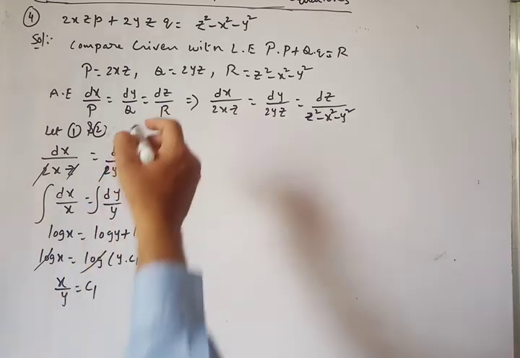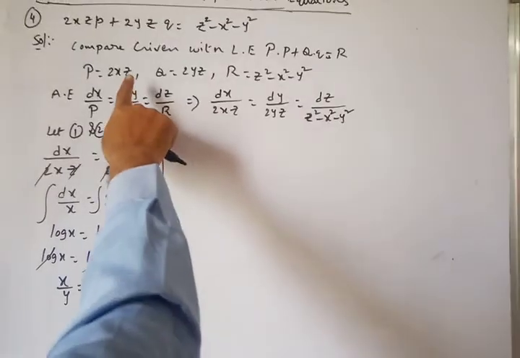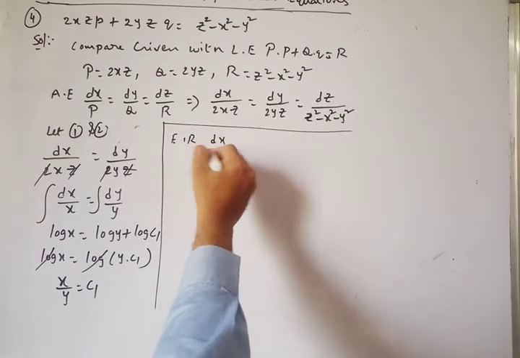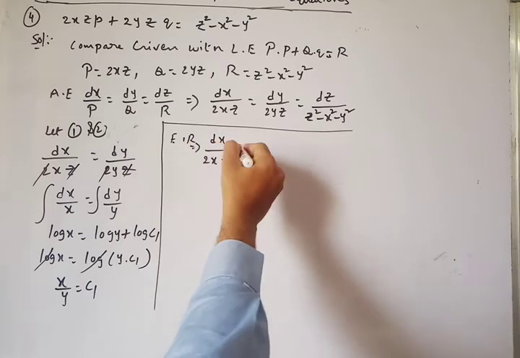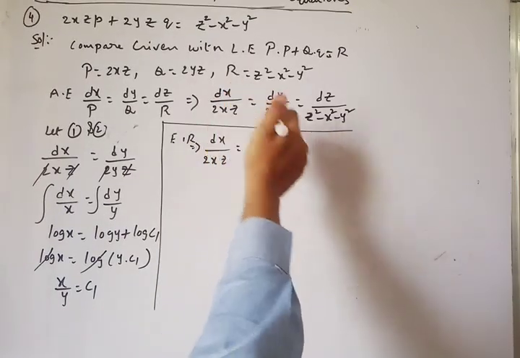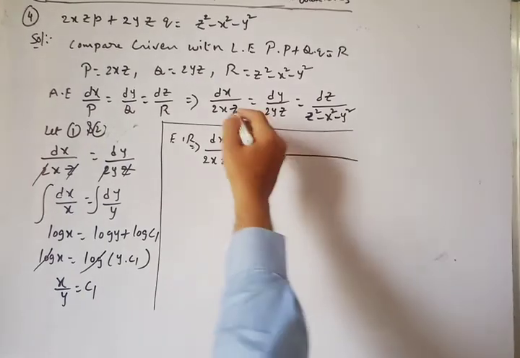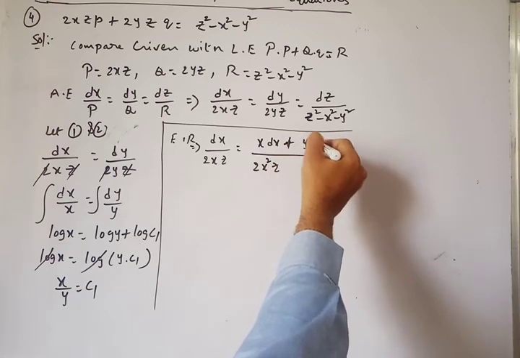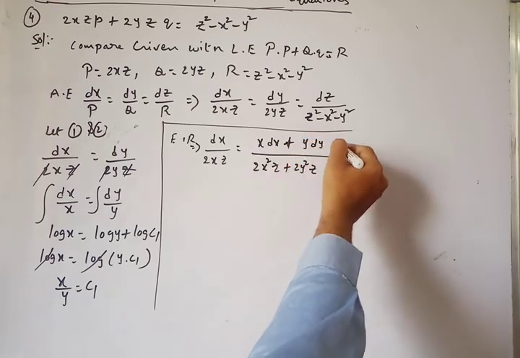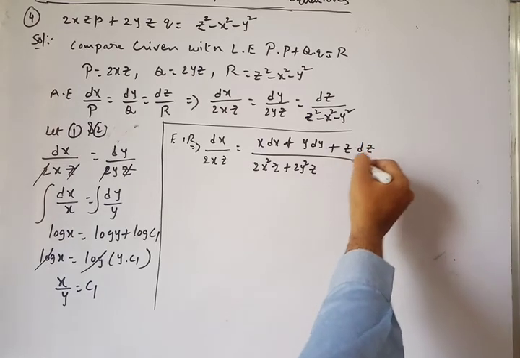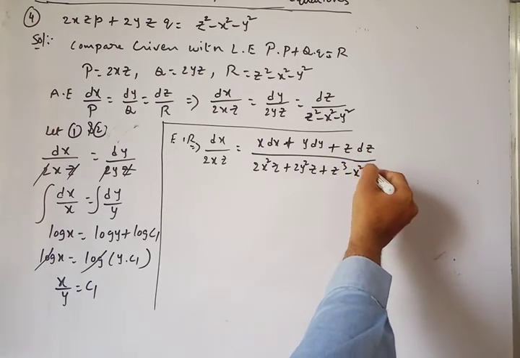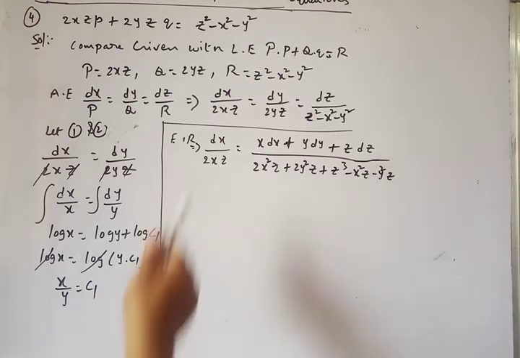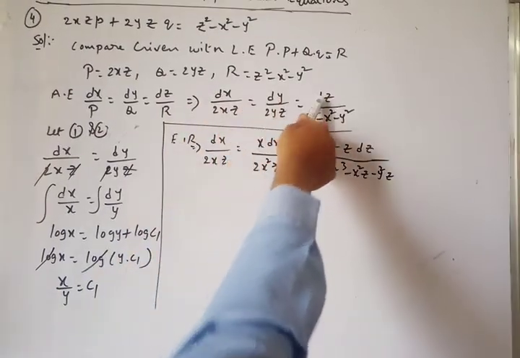Correct? Now for another solution, very important here, I am taking each ratio. I am multiplying the first one with x, numerator and denominator, the second one with y, I get 2y square z, and the third one with z, z dz by z cube minus x square z minus y square z. So the first one I multiplied and divided by x, the second by y, and the third by z.